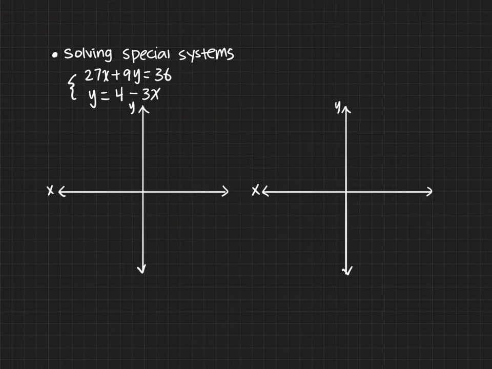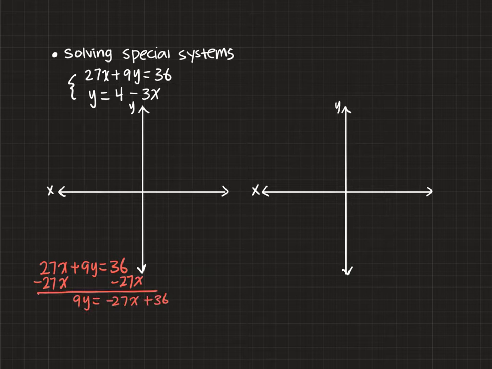So what you're going to do is first solve the first equation so that you have y equals a number format. When you do that, you subtract 27x from both sides. So you have 9y equals -27x plus 36. And then I am going to divide all three items by 9. Be careful that you are dividing all three numbers.